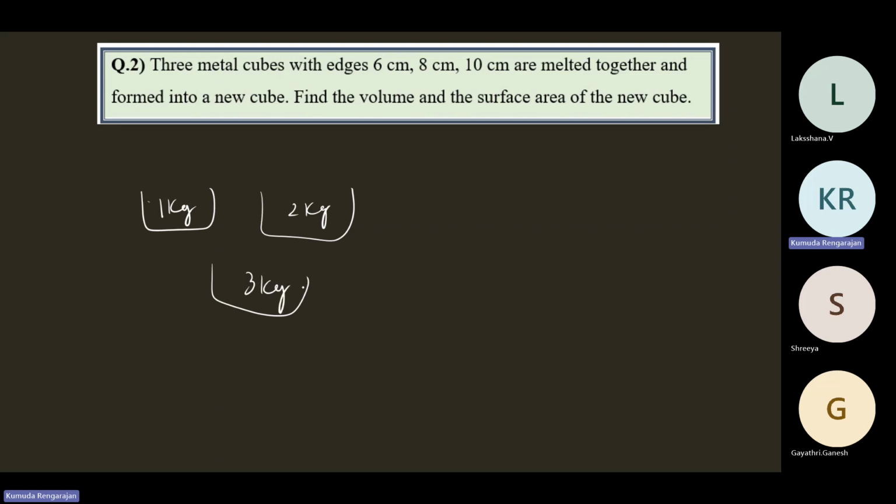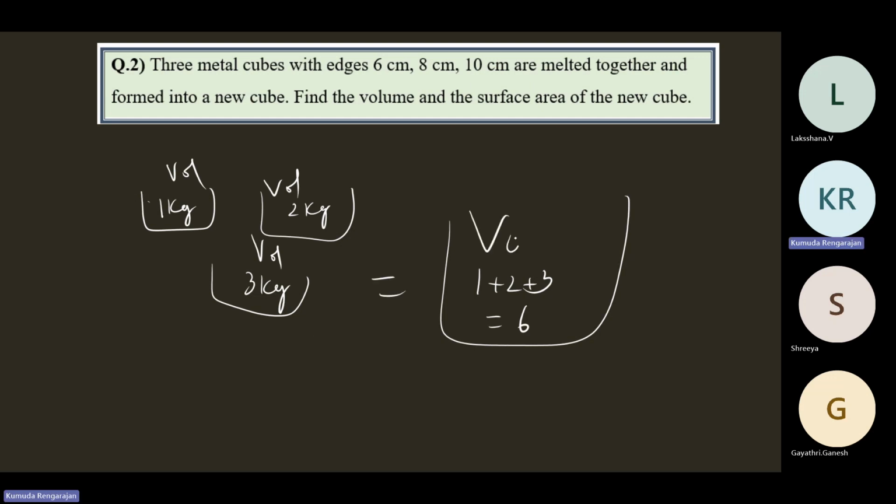You put all this, that is 1 plus 2 plus 3, in one big bag. So what will be the weight of the new bag? 6 kgs. In the same way here, the volume of the 3 cubes will be equal to the volume of the new cube which is formed. 1 kg plus 2 kgs plus 3 kgs is equal to 6 kgs, right?